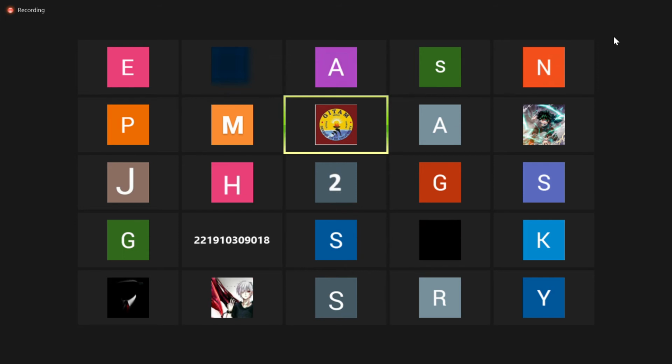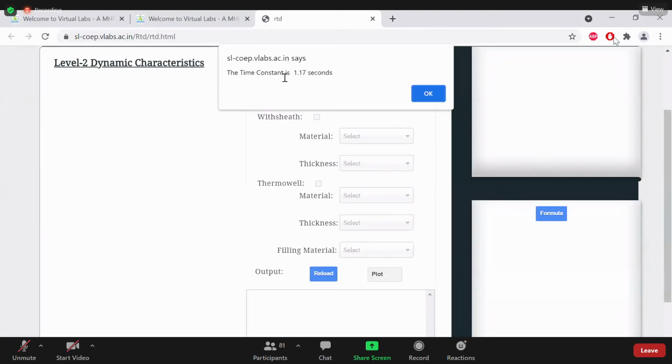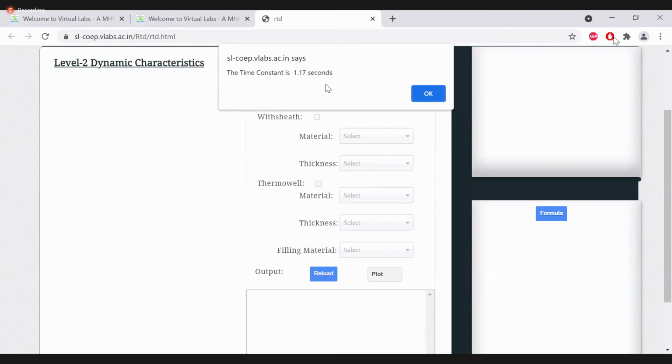Immediately after selecting the bare, you will get the time constant as 1.17 seconds. So time constant is the time delay between the input and output.